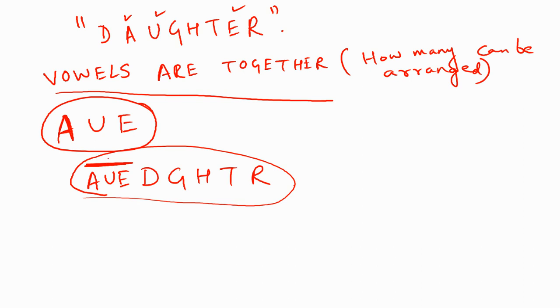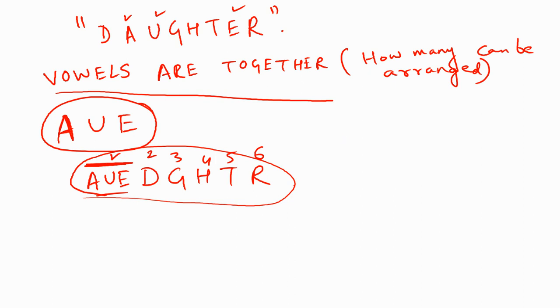So if we consider it as one unit, then how many letters do we have? One, 2, 3, 4, 5, 6. We have six letters if we consider AUE as one unit. And all are different, right? So how many ways can we rearrange it?